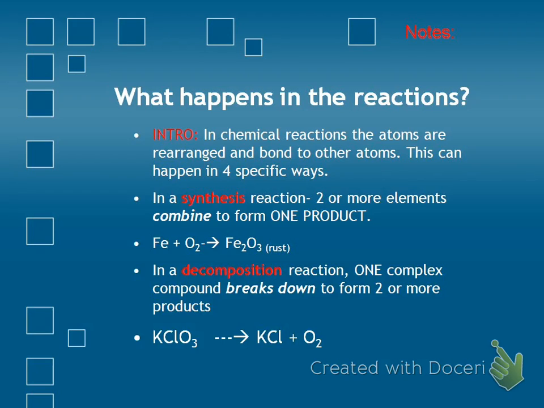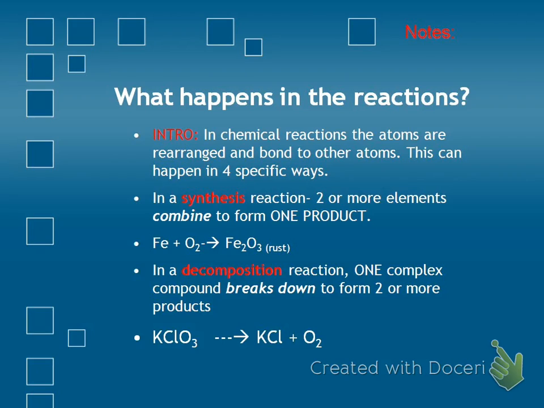In decomposition, it is the opposite reaction. So if synthesis is putting 2 or more things together to make one, decomposition is breaking down one molecule into its simpler products. So anytime something decomposes, it is breaking down. So in the example, potassium chlorate is breaking down to potassium chloride plus oxygen.